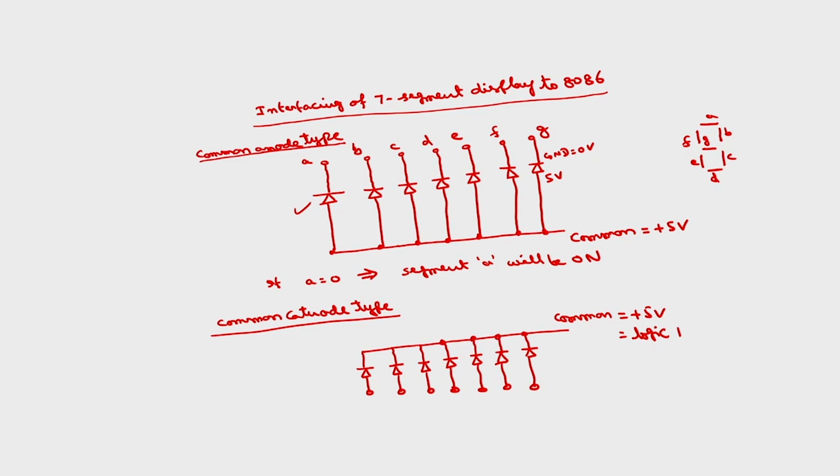And to display any particular segment, this has to be connected to logic 0, so that this A will glow. This is B, C, D, E, F, G. This is about the common anode type and common cathode type. So, inside this 7 segment display, we have this circuitry, depending upon whether the display is common anode type or common cathode type.